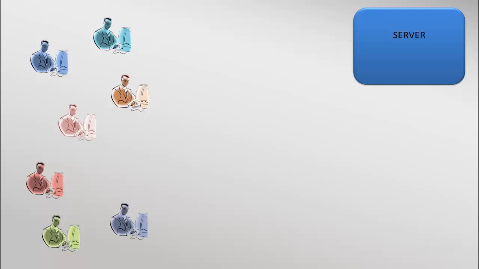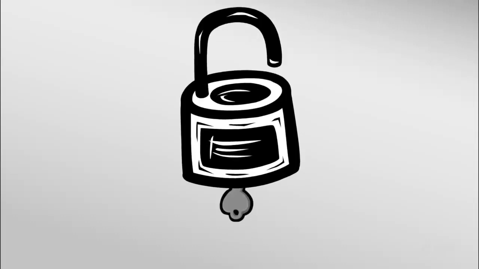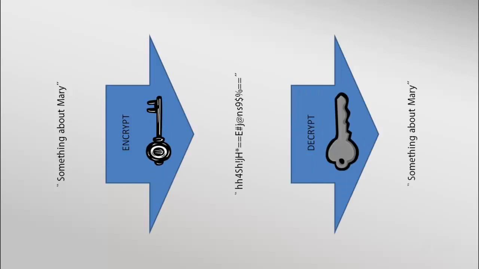Well, cryptography comes to the rescue again. Imagine a lock that can be locked by one key, but can only be unlocked by a different key. So in cryptography, there is a way by which we can encrypt the data using some key string and then decrypt it to the original using a different key string.